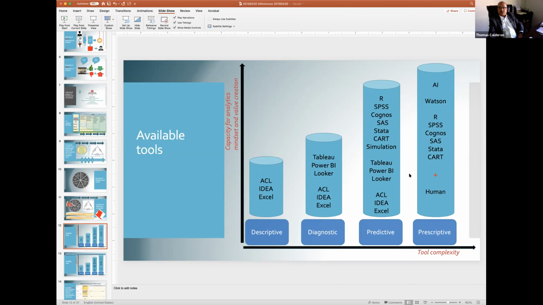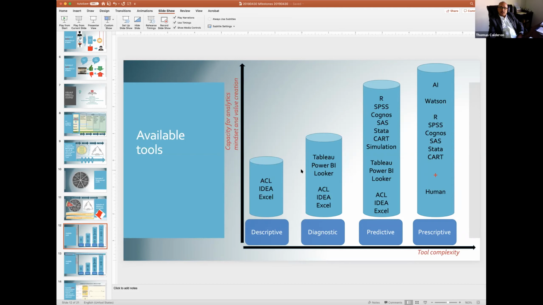At the highest level, where we combine tools such as R, SPSS, Cognos, SAS, Stata, with AI, as well as with human judgment, at that highest level, we could actually prescribe how individuals should behave, or how we should pursue activities, or how businesses should behave, or how businesses should pursue economic activities.